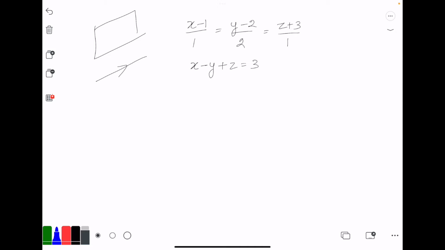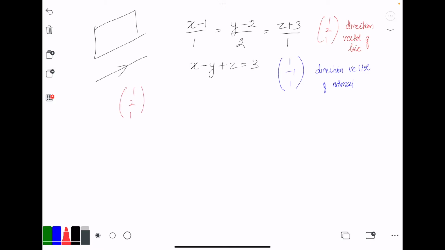We can see that the direction vector of the normal is 1, minus 1, 1. And the direction vector of the line is 1, 2, 1.